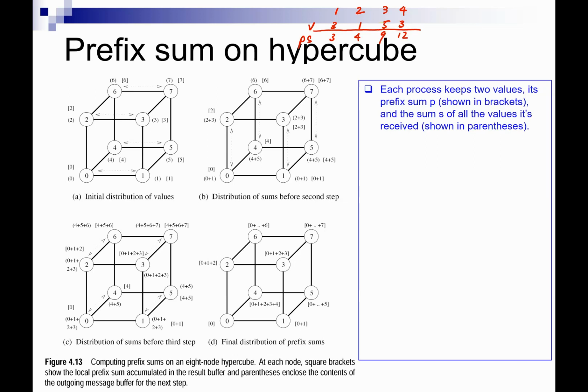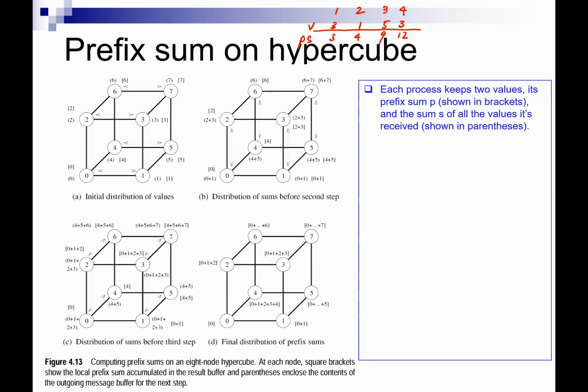Now to do the prefix sum, this is illustrated in this figure over here, and each process is going to maintain 2 values. The values are shown both in the parentheses and in the brackets. The values in the brackets are the partial prefix sum that this process has computed.